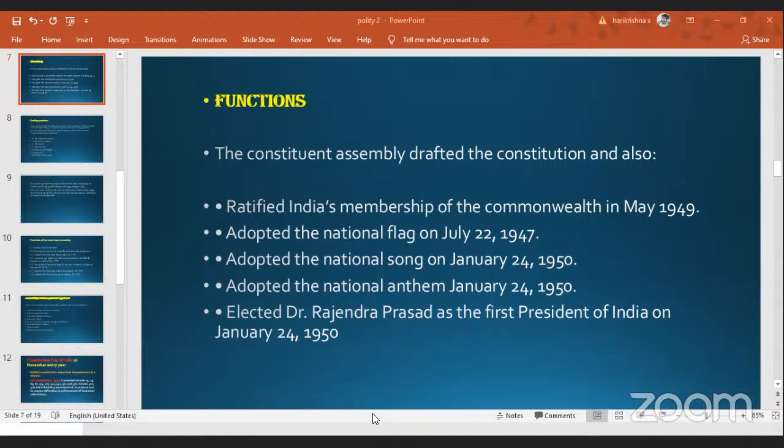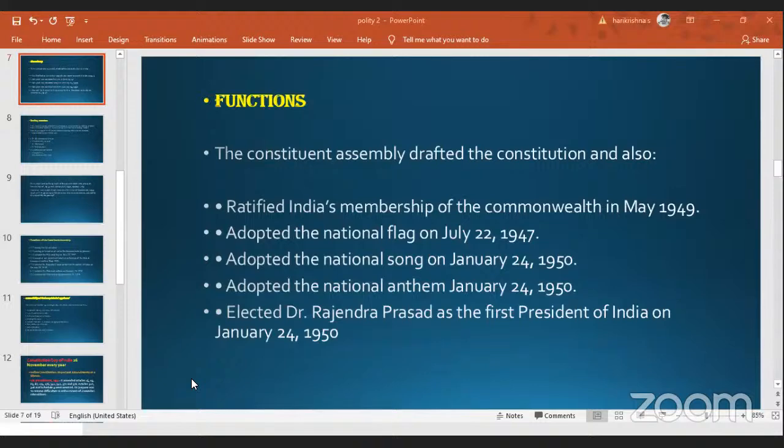Now the functions of the Constituent Assembly. The Constituent Assembly drafted the Constitution. First, it ratified India's membership of the Commonwealth in May 1949. Second, it adopted the national flag on July 22, 1947.